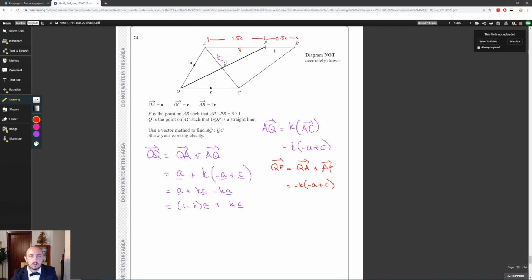So we're going to go in the reverse direction. That's to go from Q to A plus A to P, 1.5C.